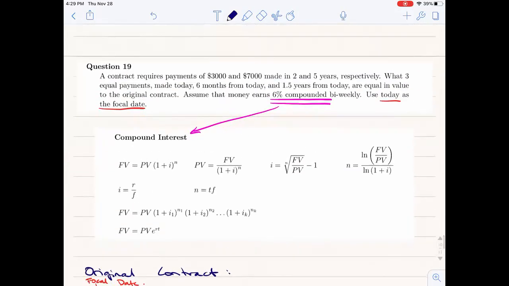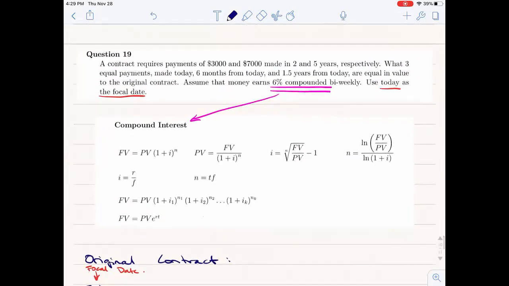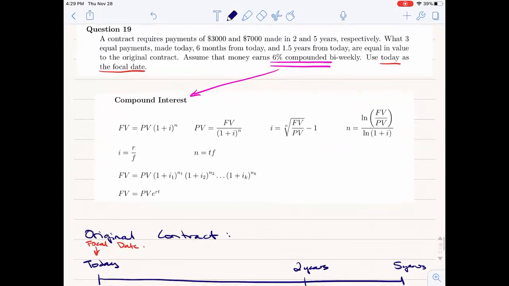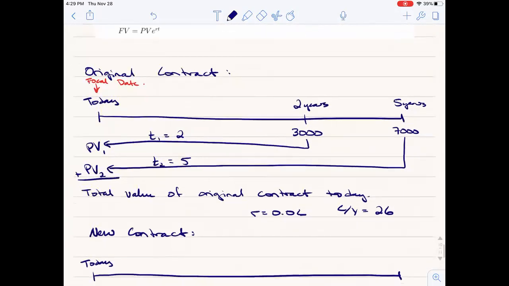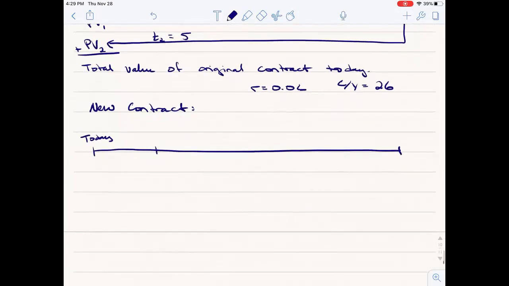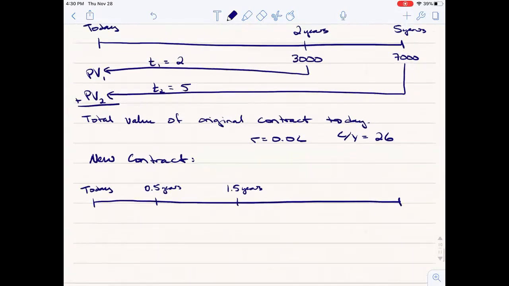Now we've got unknown payments today, 6 months from today, that's half a year, and then 1.5 years from today. So I'm going to put 0.5 years and then 1.5 years, and then they line up with the 2 years and the 5 years. That's just me being picky. They don't have to.